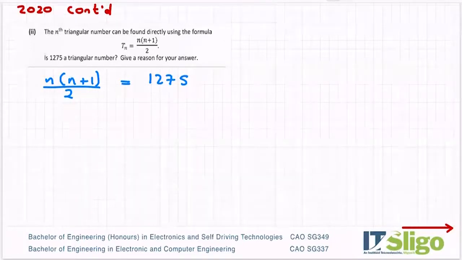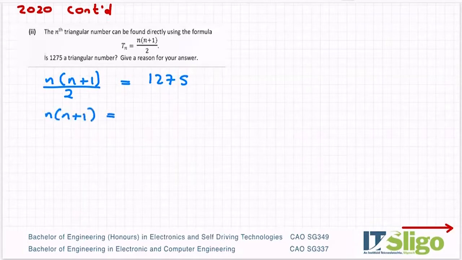Okay, so let's see, I think I'd multiply across by 2 so that I get n times n plus 1 being equal to 2550. Okay, going to multiply out the left, so n squared plus n. I'm also going to bring it over because I can see the quadratic forming, is equal to 0.